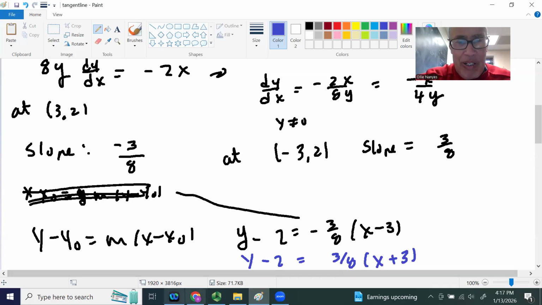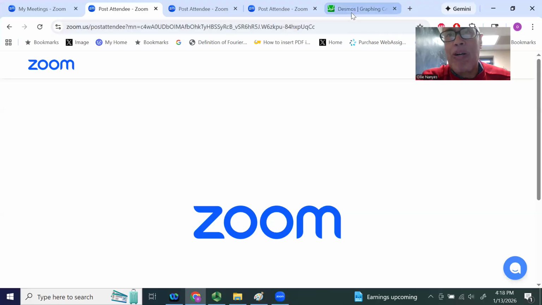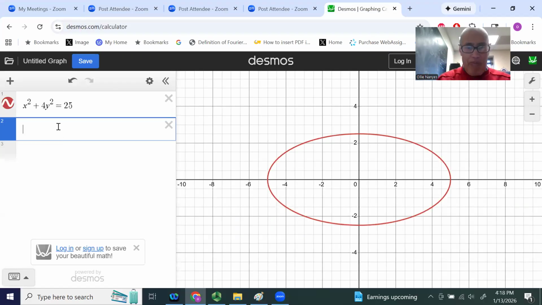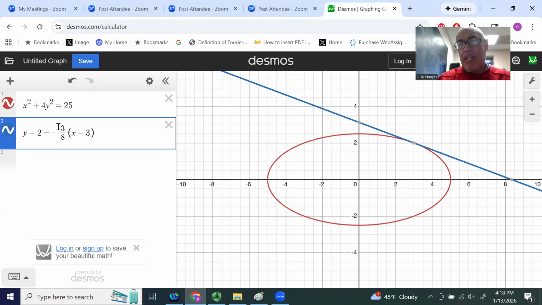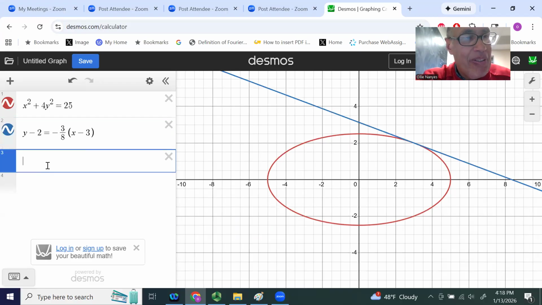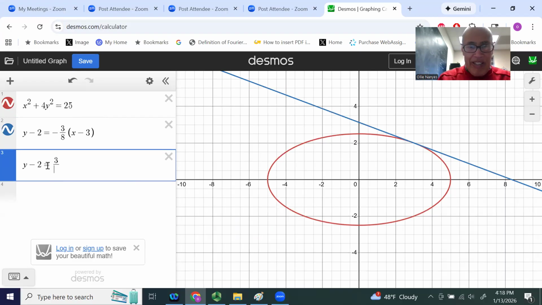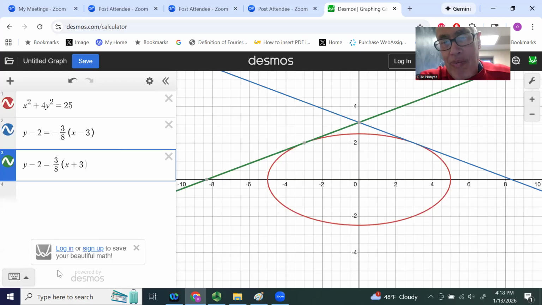Now let's go to Desmos and see that. So y minus 2 is equal to negative 3 divided by 8 times x minus 3, and we see that gives you a nice tangent line here. And then y minus 2 is equal to positive 3/8 times x plus 3, and that gives you this nice tangent line right here.